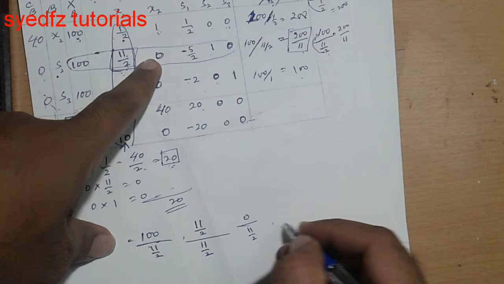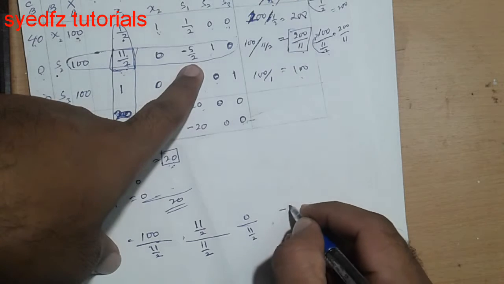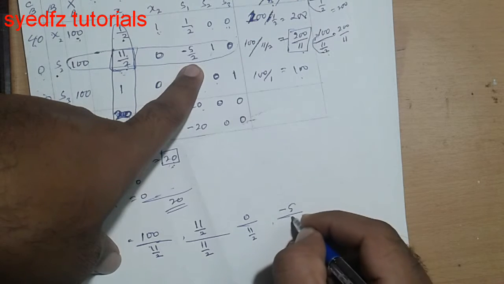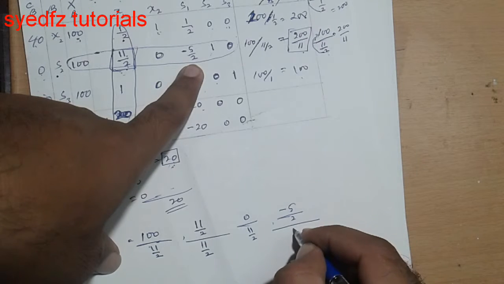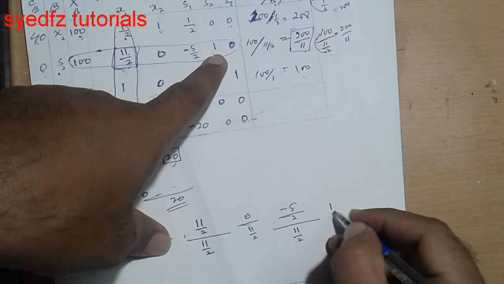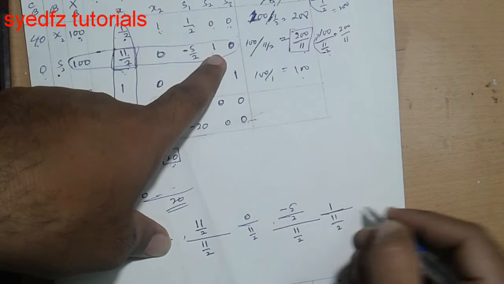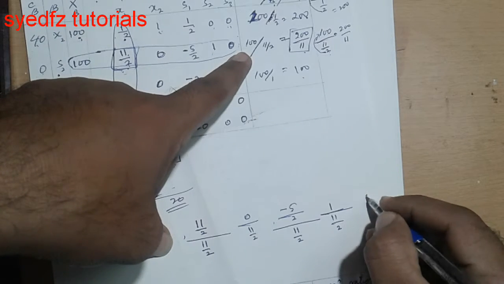Same as s2, how much? Minus 5 divided by 2, whole divided by 11 divided by 2. This is the 1, 1 divided by 11 divided by 2. This is a 0, 0 divided by 11 divided by 2.